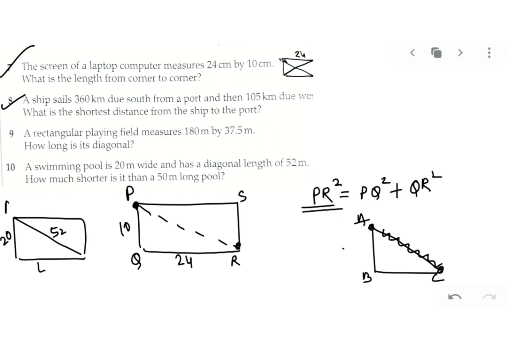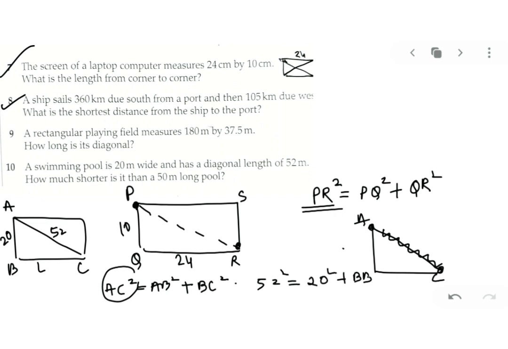Okay, so in that case also what will you do? ABC. So you will take AC square is equal to AB square plus BC square, correct? So now you have been given the value of AC, so that is 52 square is equal to AB, 20 square, plus BC square. You have to find BC.